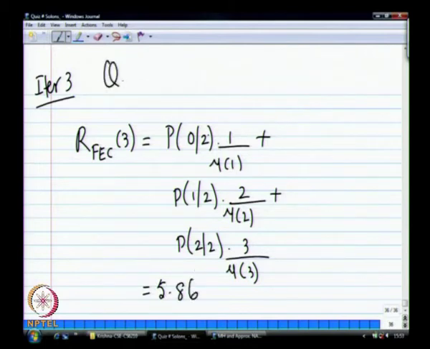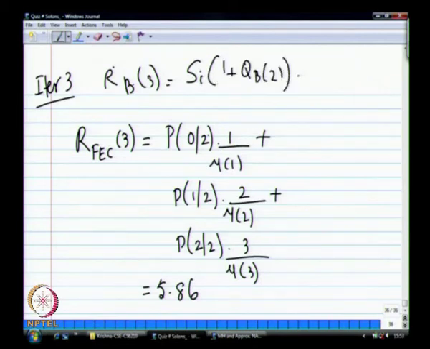Now QB we know is simple, or sorry, RB. Right, and so on.